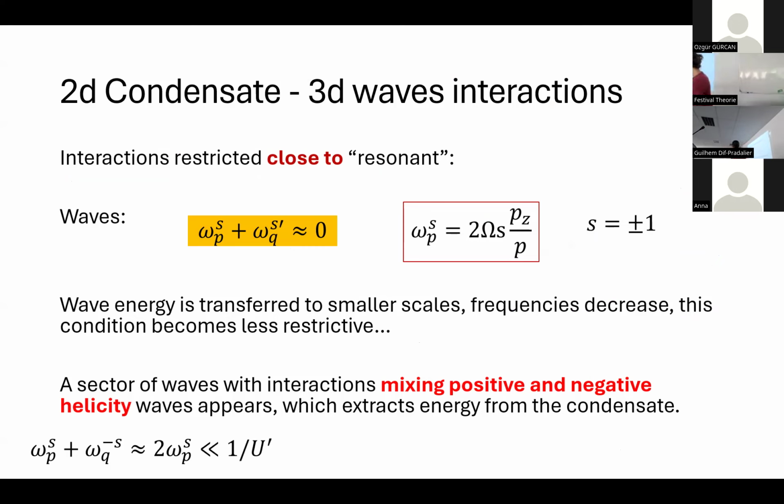But now, if I'm assuming that it's the opposite helicity, then this condition gives me twice the frequency. And usually twice the frequency, if I'm at fast rotations, the Rossby number is small, so this would be a restrictive condition. But what I'm saying is that eventually I do go to scales where this condition can be broken.